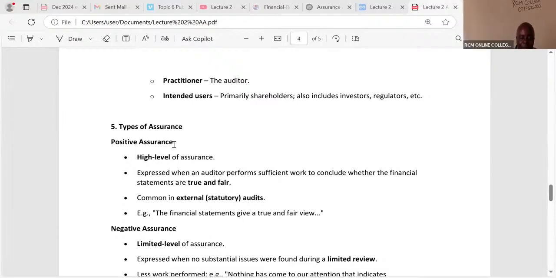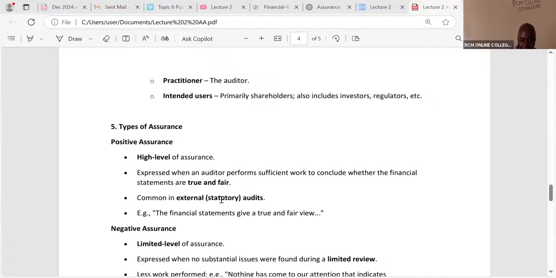So remember, this positive assurance is a high level of assurance, not 100%, not absolute, but it's a high level of assurance expressed when an auditor performs sufficient work to conclude whether the financial statements are true and fair. When I'm able to collect sufficient, appropriate audit evidence, then I'll be able to give, ladies and gentlemen, what we call a high level assurance, which is positive.